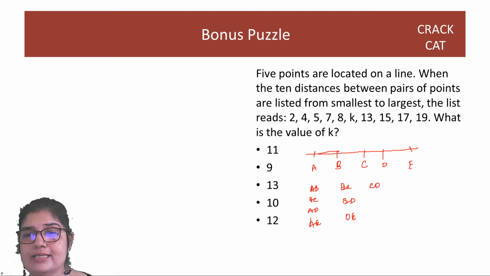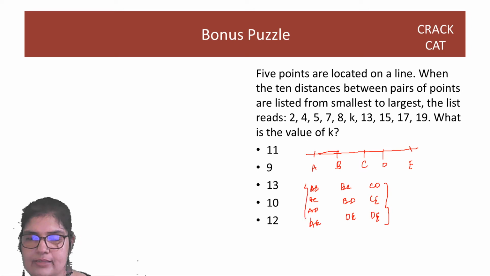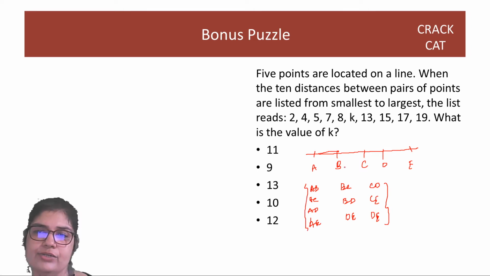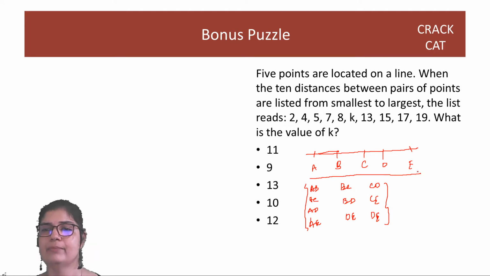And then you have CD, CE, and you have DE. These are the 10 distances that you will get. So the first learning that you should get, guys, is that here the largest distance will be A to E. So A to E is 19.